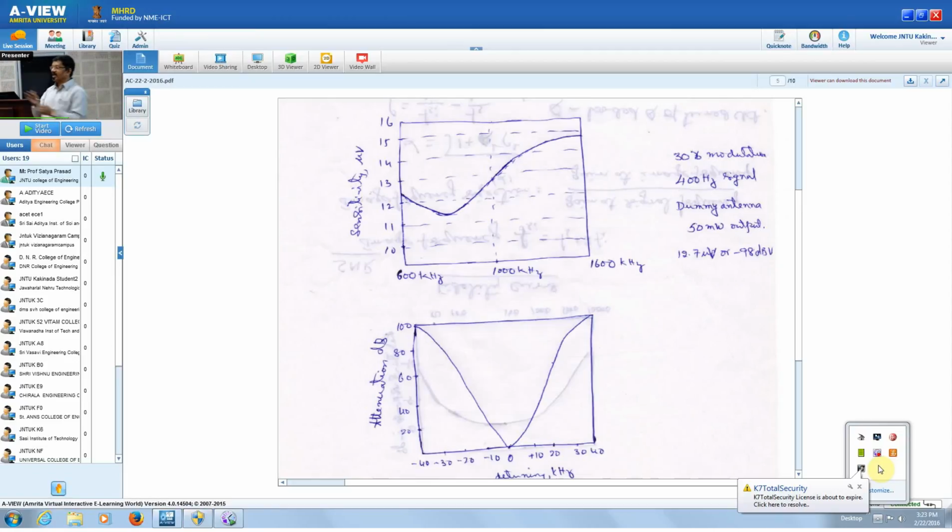Now you tune that 5 kilohertz away, or change your transmitter frequency to 5 kilohertz away. 805 you make it, without changing any of your tuning circuit. Your receiver is maintaining the tuning of 800 kilohertz only. You are changing your received signal, instead of 800 you have put it 805. What is happening?